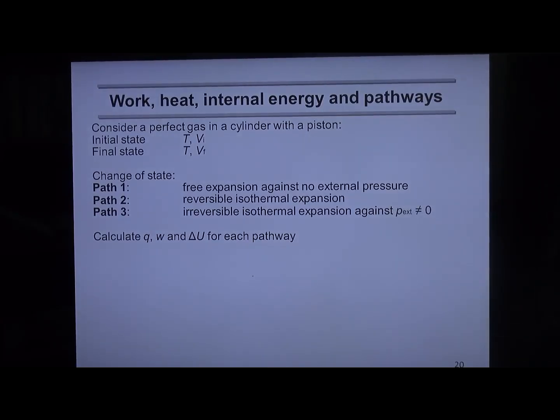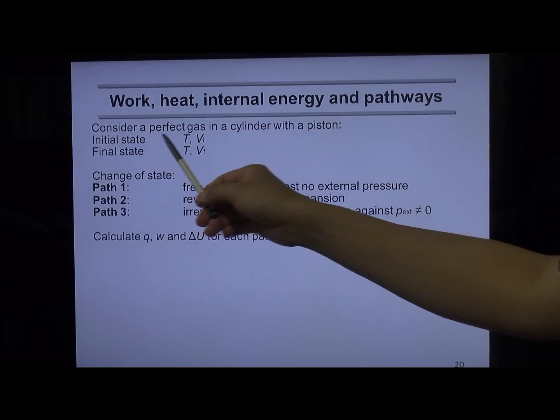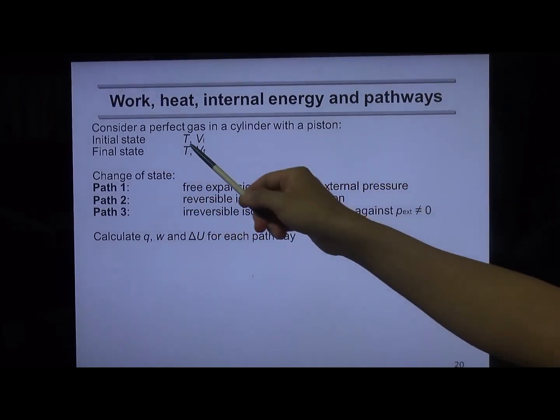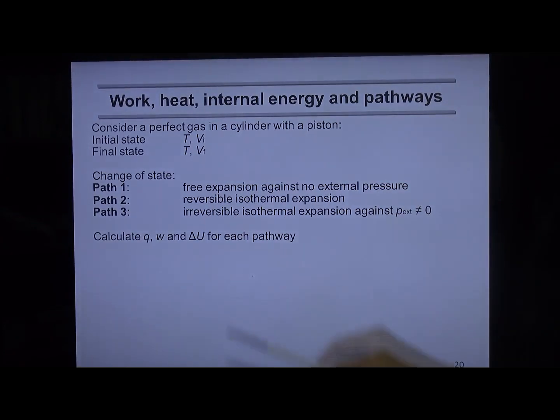Let's see an example to see if this is really true about state functions and path functions. Let's calculate. Consider a perfect gas in a cylinder with a piston. Initial state is T and V_i. Final state is T and V_f. Temperatures are the same, volume changes. It's basically an isothermal expansion process.